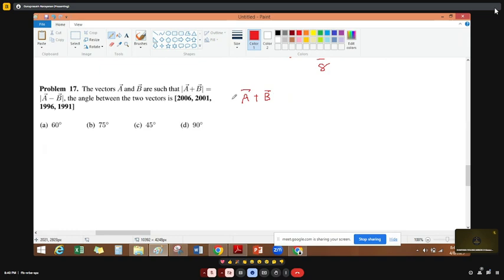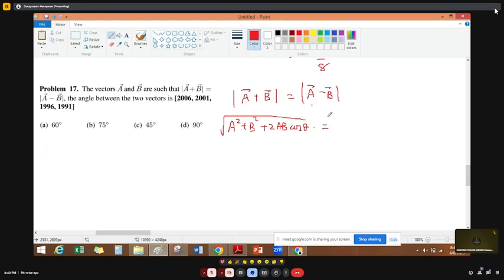If you are not getting that 90 degrees trick, you can follow the method, follow the equations given here. This is a squared plus b squared plus 2ab cos theta. That is the magnitude of this.